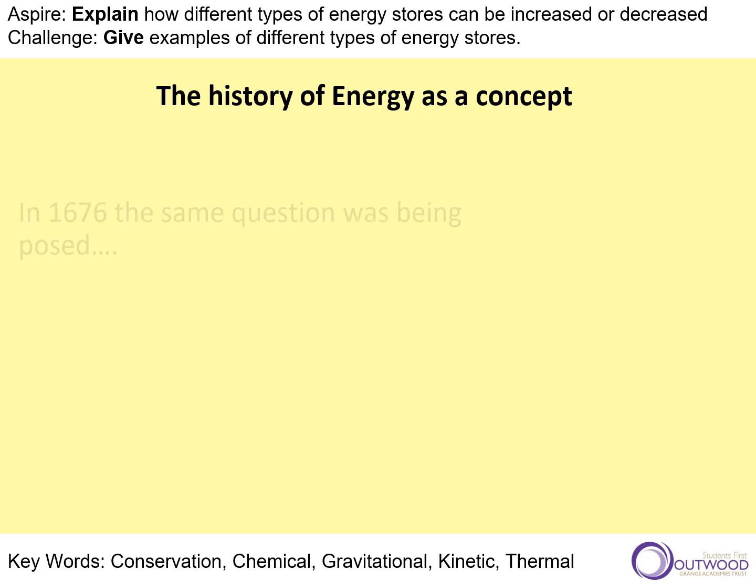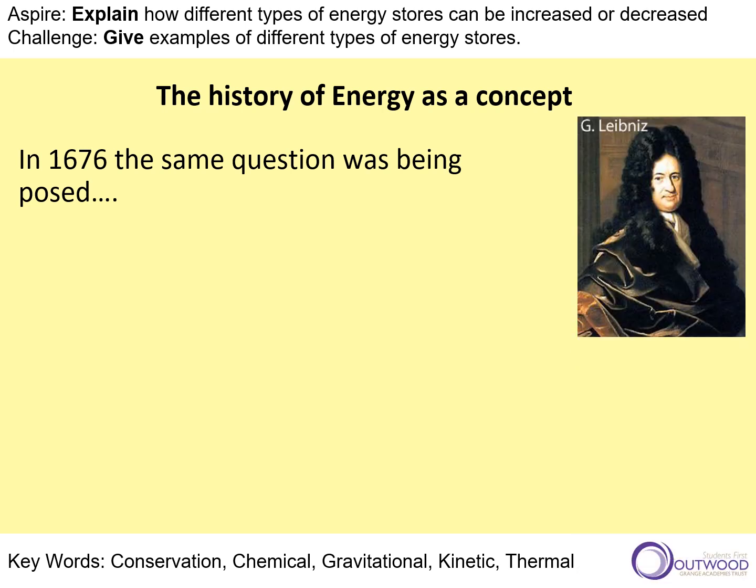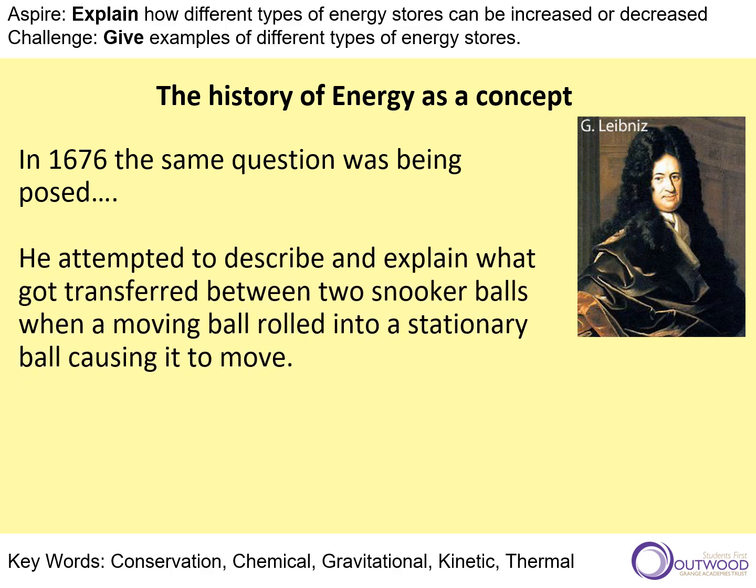as a concept. And the question that I posed you for your starter is the same question that was posed by Mr. Leibniz with his funky hair. Now in 1676, I should say, he was thinking on the same lines. What is occurring between two snooker balls?